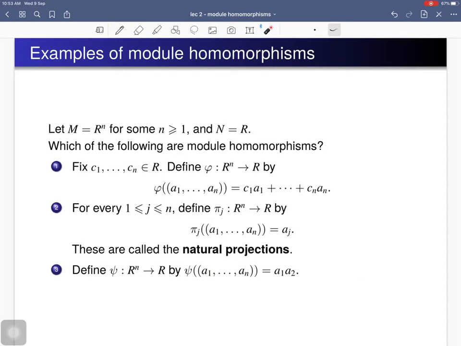What about this one? You define a map like this: the n-tuple is sent to A1 times A2. Is it a module homomorphism? The answer is no, it is not a module homomorphism, because it does not preserve addition.